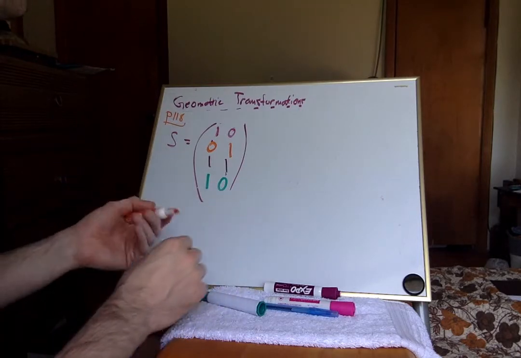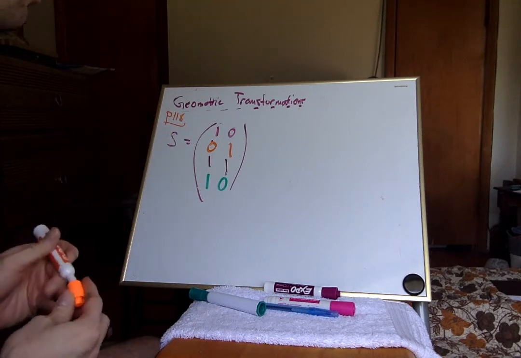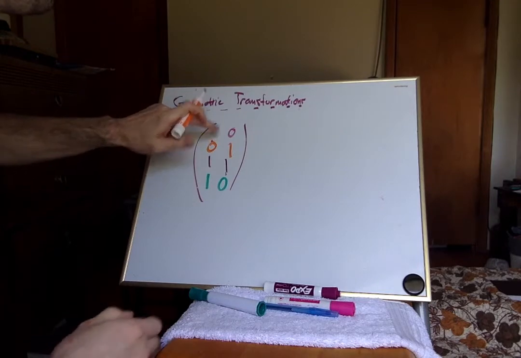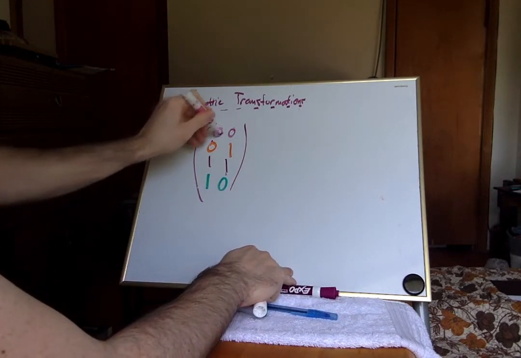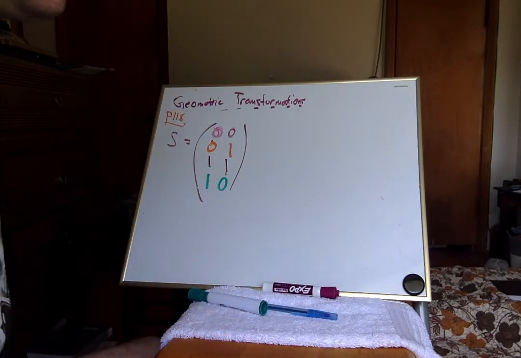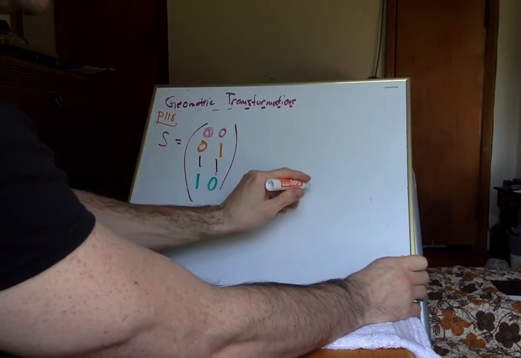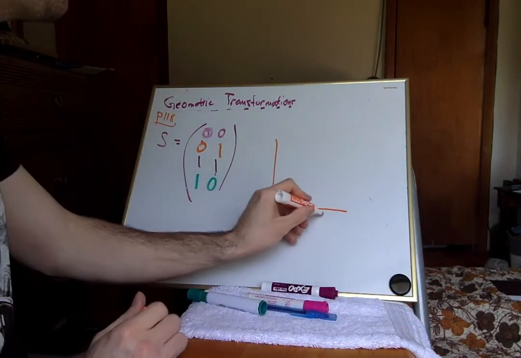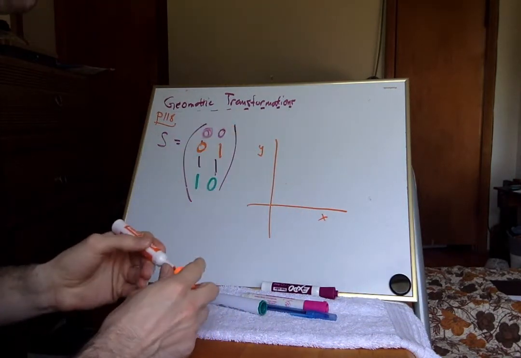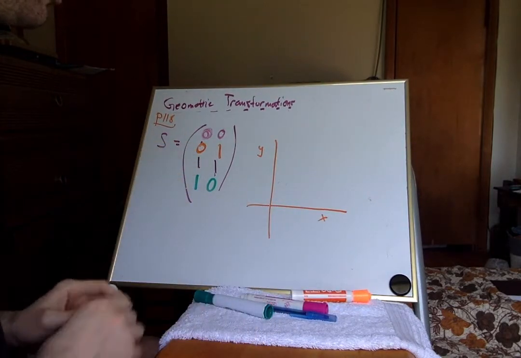Okay, so in your textbook on page 118, we have this matrix: 0, 0, 0, 1, 1, 1, and 1, 0. So what does this correspond to geometrically? Well, if I draw my x and y axes, these points correspond to the following.